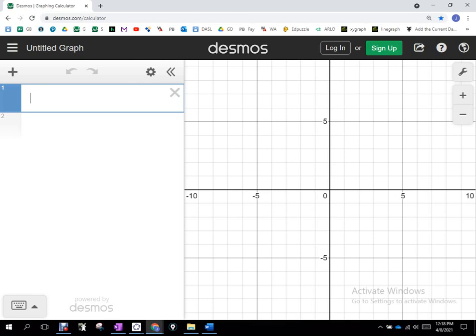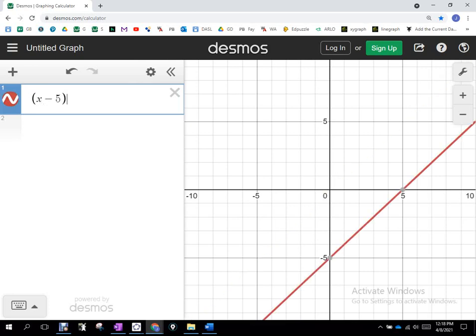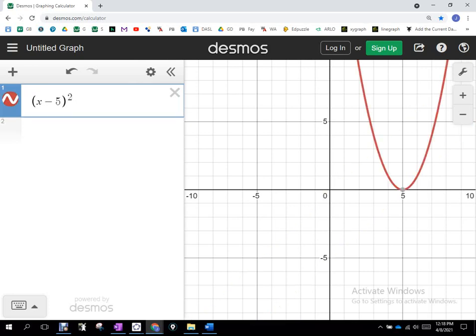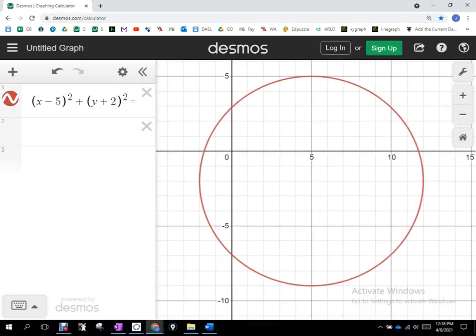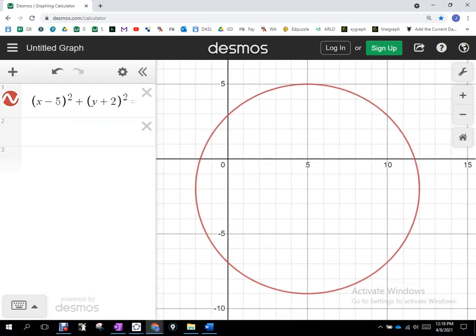Which means I can type in x minus 5 squared plus y plus 2 squared equals 49, and it will graph that circle for me and have absolutely no problems with it. Does that make sense? Okay.